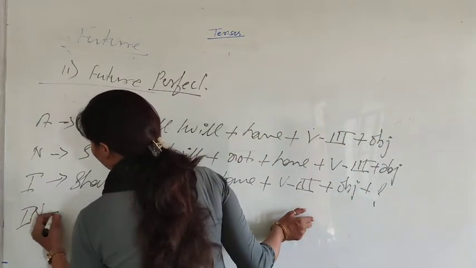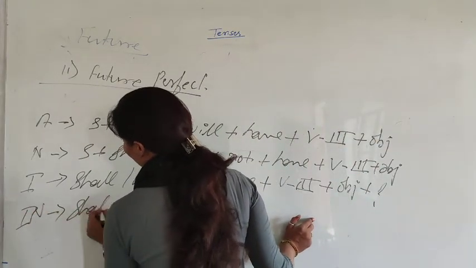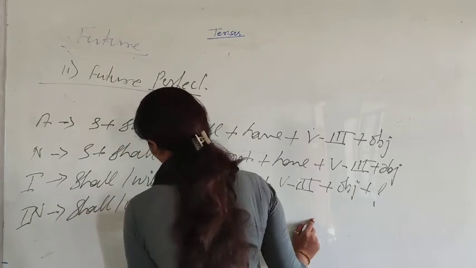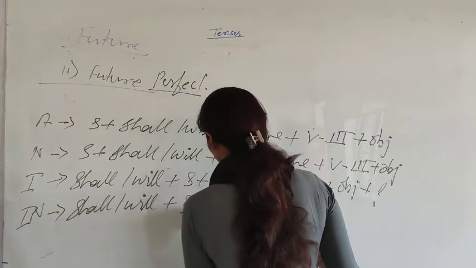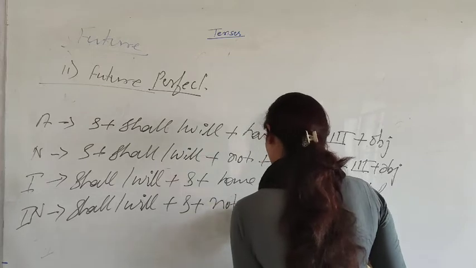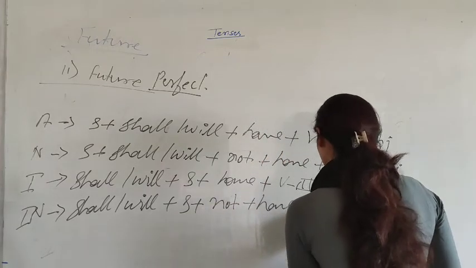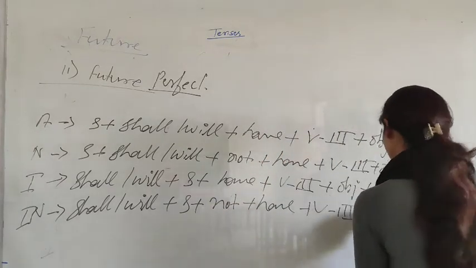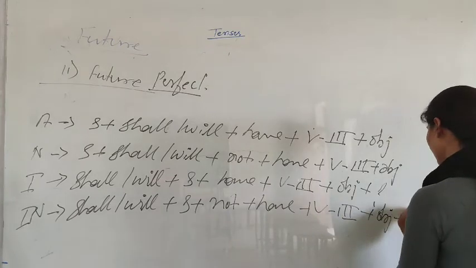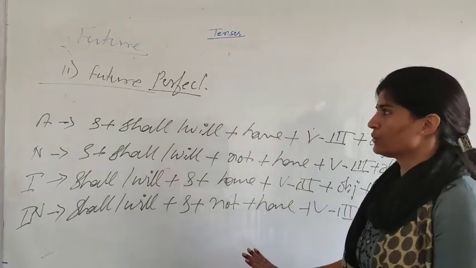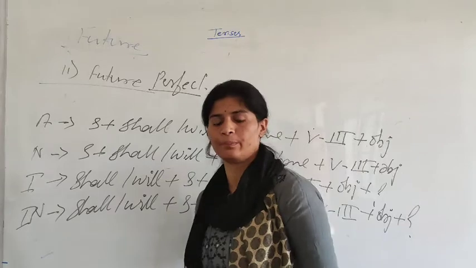Interrogative negative is shall/will plus subject plus not plus have plus verb third form plus object and plus question mark. So this is your future perfect.